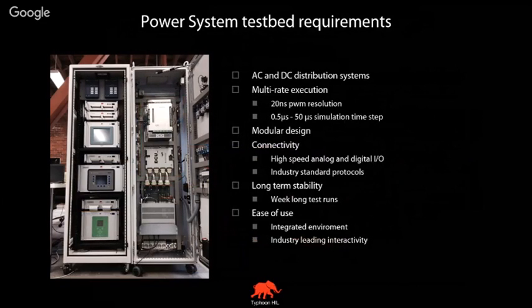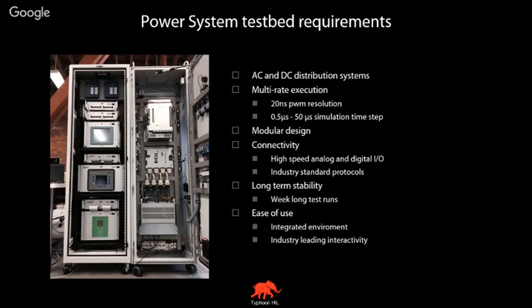So some of the specs, if we speak about the ideal test bed that could fulfill these requirements: it can be used for both AC and DC distribution systems, perform on different execution rates, and at the same time read PWM signals that are switching at, say, 100 or 200 kilohertz for active filters, and also simulate a large network without overkilling our resources.